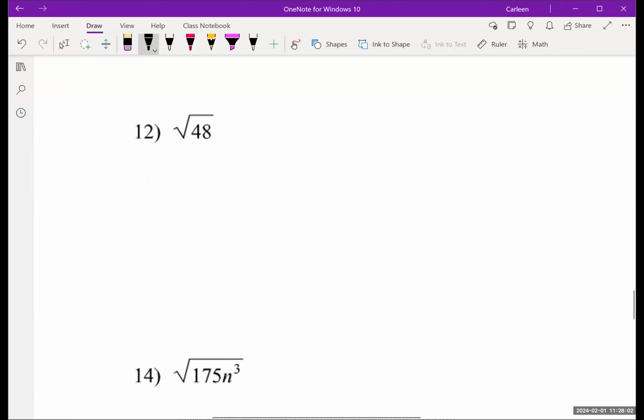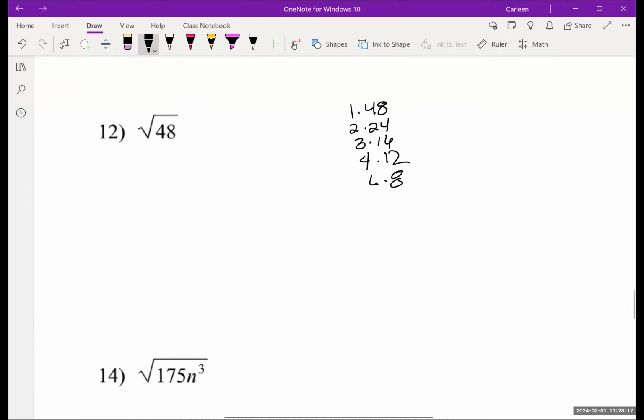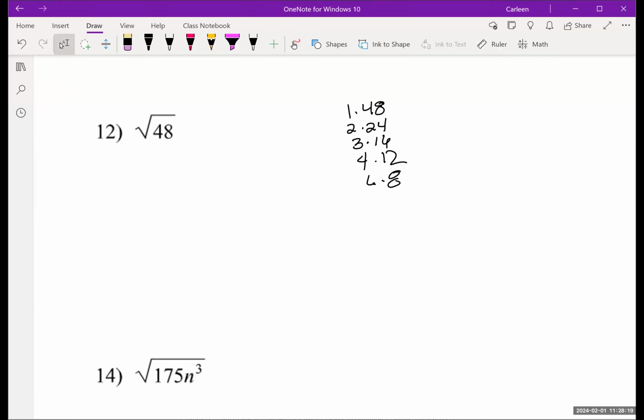So number 12, I go to the chart of factors and I see that 48 is 1 times 48, 2 times 24, 3 times 16, 4 times 12, 6 times 8. So the Canvas quiz is not going to just ask you for the answer. Oh, you're fast. It's going to ask you for the biggest perfect square and the leftovers.